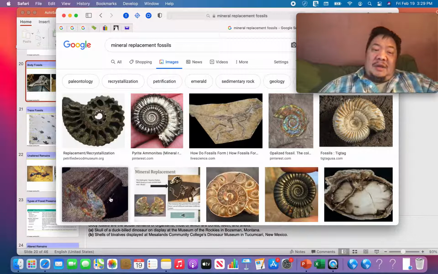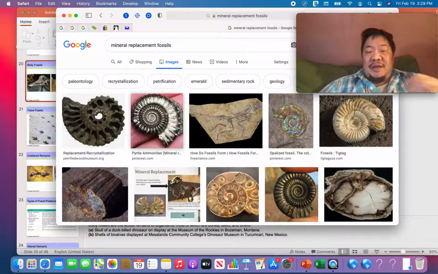You can see cracks in the wood. The shape of the tree has been preserved. Or this organism here is a cephalopod. The shell has been replaced by minerals, pyrite in this case, fool's gold. This is one way that you can make fossils, by replacing the organic matter with minerals, which are inorganic.